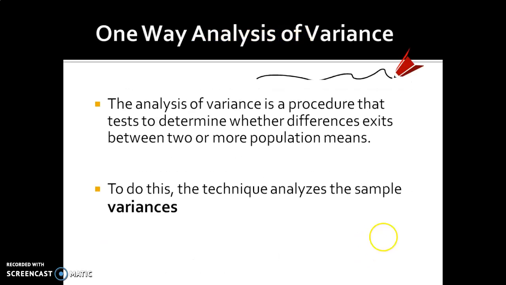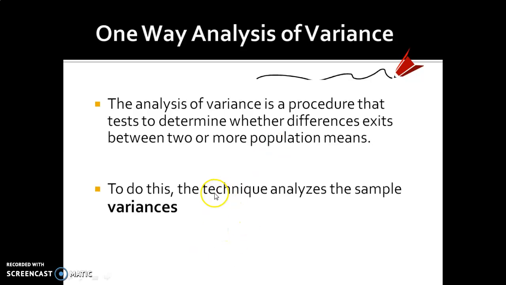Now the analysis of variance is a procedure that tests to determine whether differences exist between two or more populations. That means it is just used to determine the deviations, the variations, the differences which exist between the two or more series which have been drawn by using any sort of sampling method from the main population.